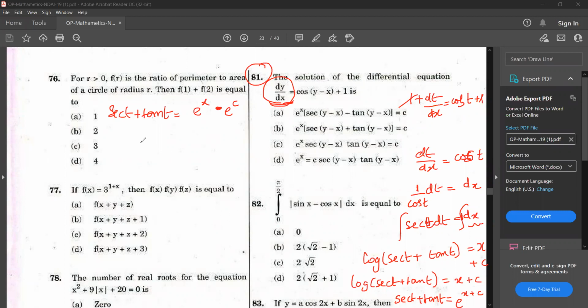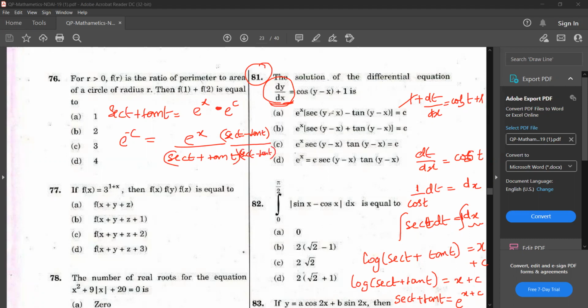Now from here, can I write e raised to minus c equal to e raised to x by (sec t plus tan t)? Now what I'm doing is I'm multiplying numerator and denominator with sec t minus tan t.